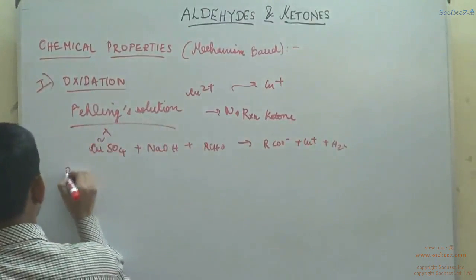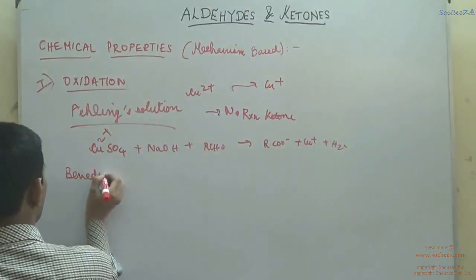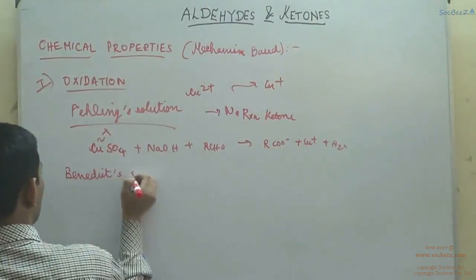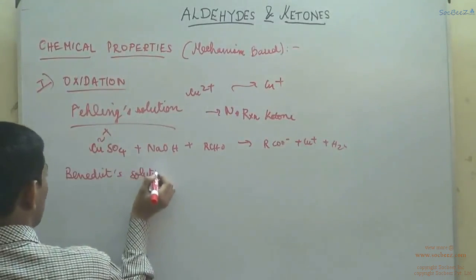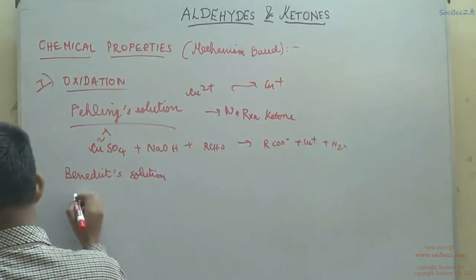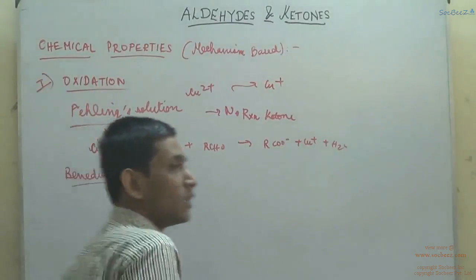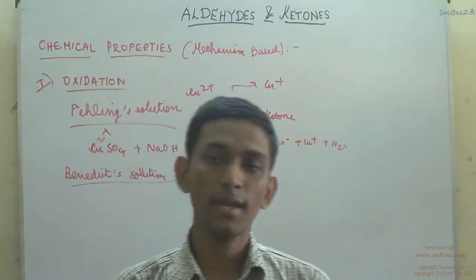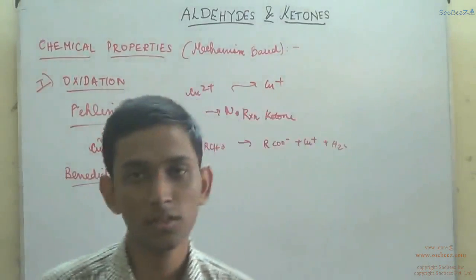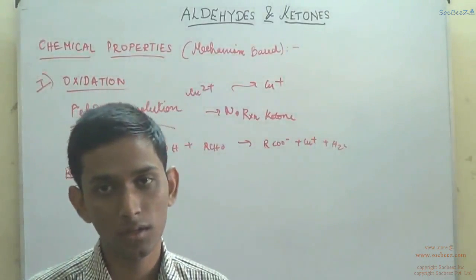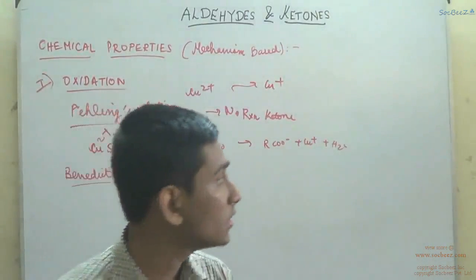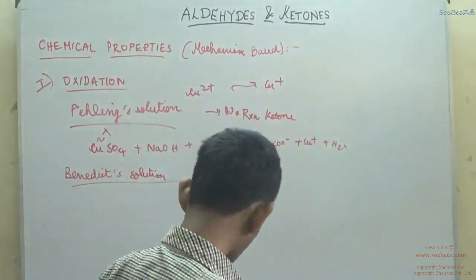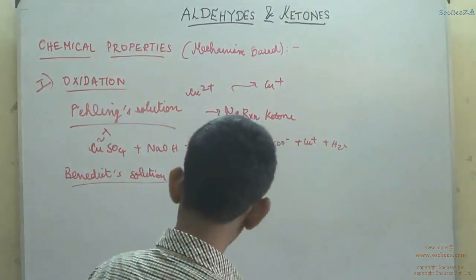Then Benedict's solution. Just like Fehling solution, where we used CuSO4 and the sodium potassium salt of tartaric acid, here we will again be using our very old friend copper sulfate.